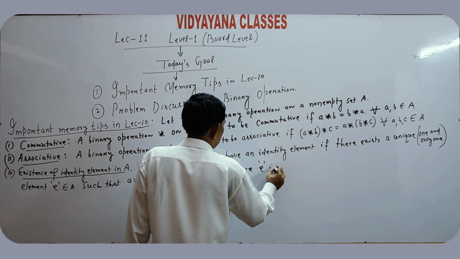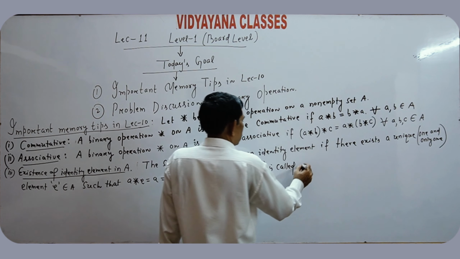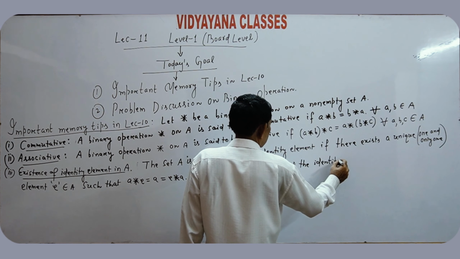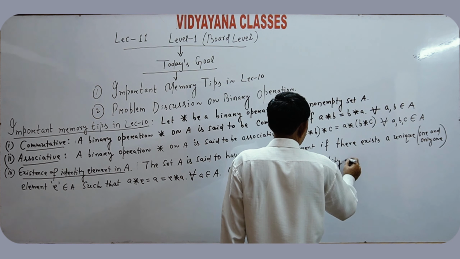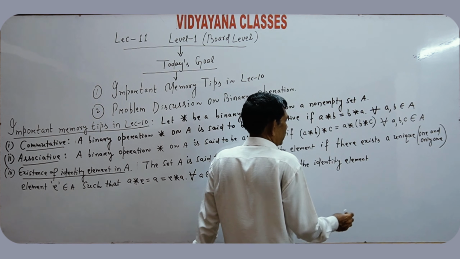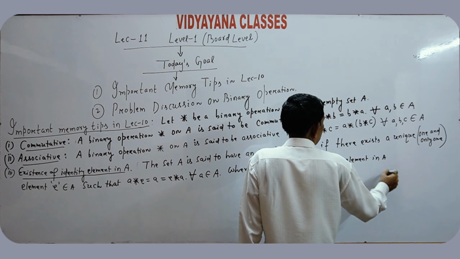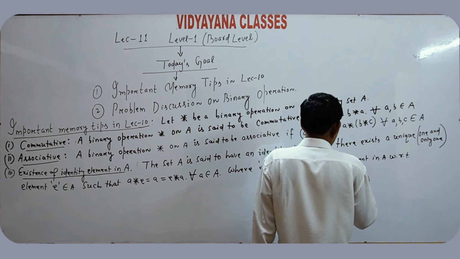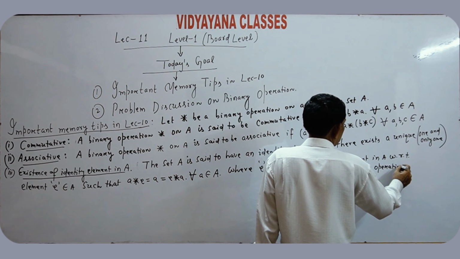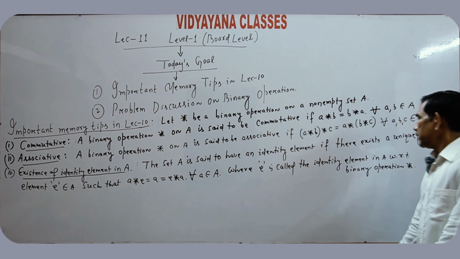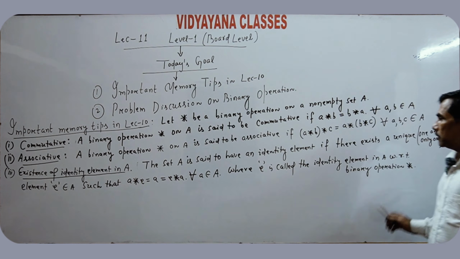Here E is called the identity element in A with respect to binary operation star.